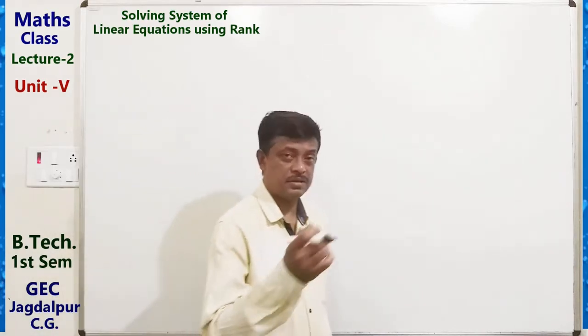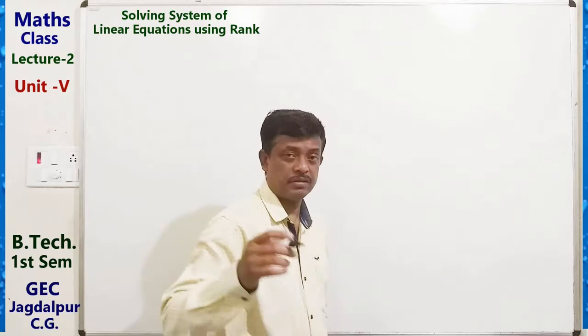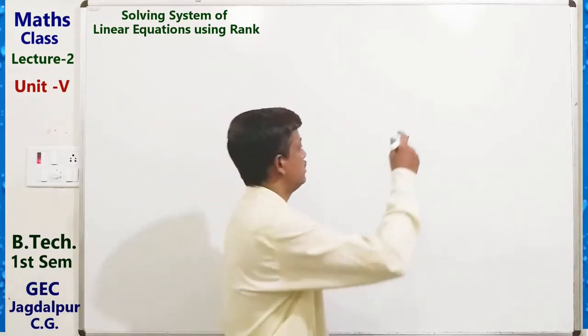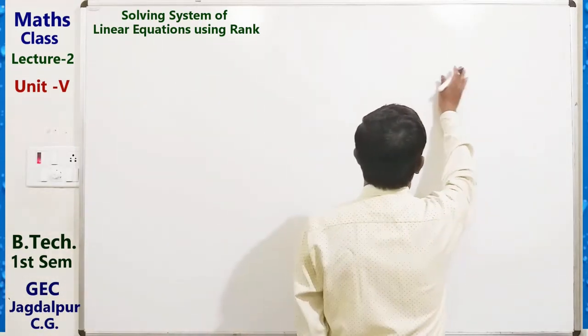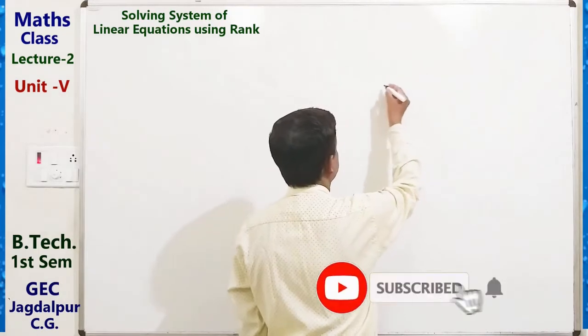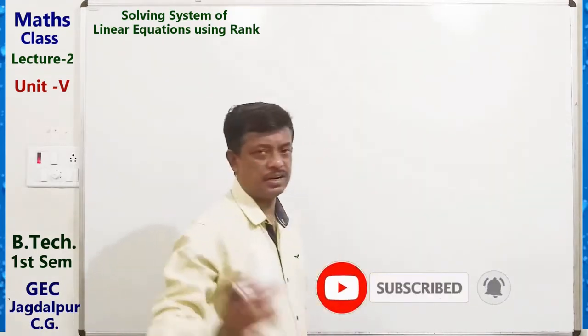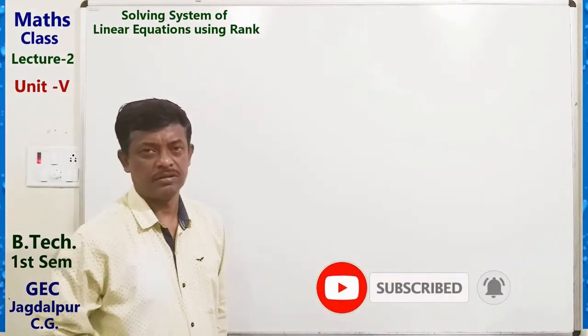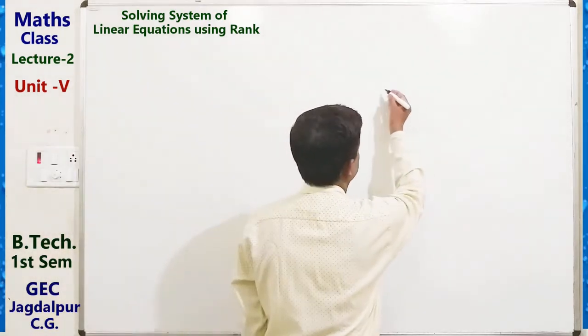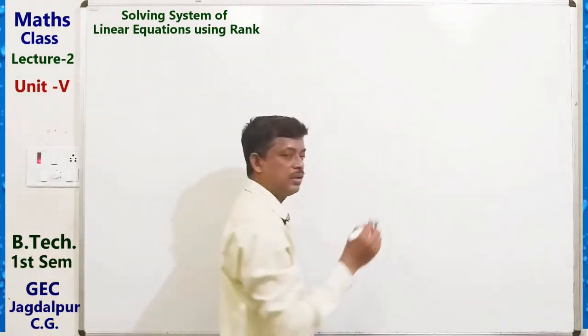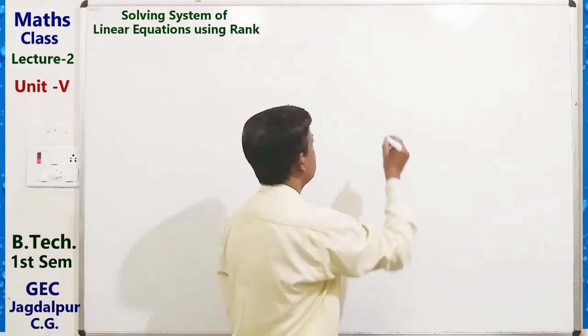So just consider the system of linear equations as a general equation. Suppose there are m equations in n unknowns.